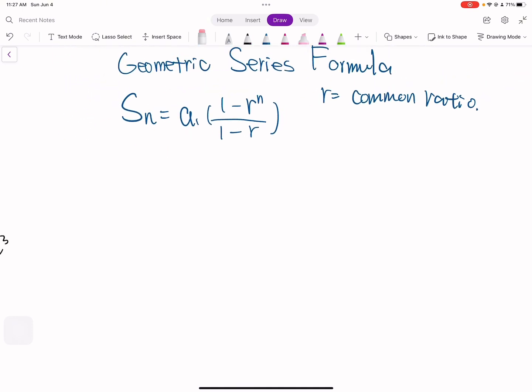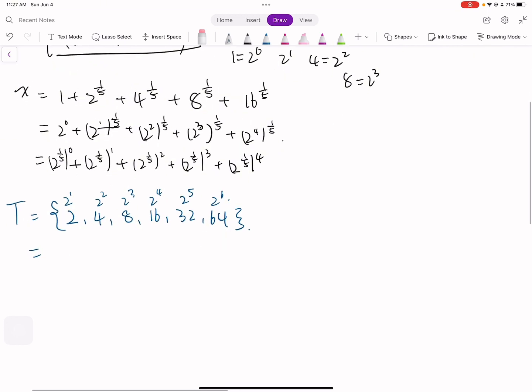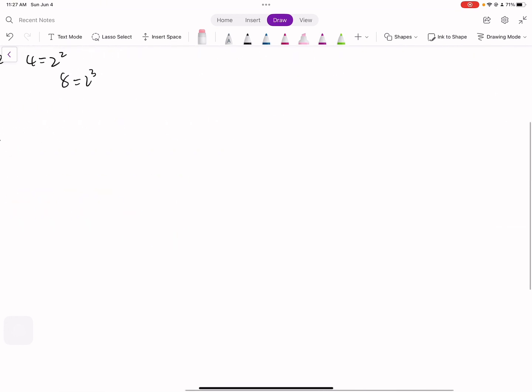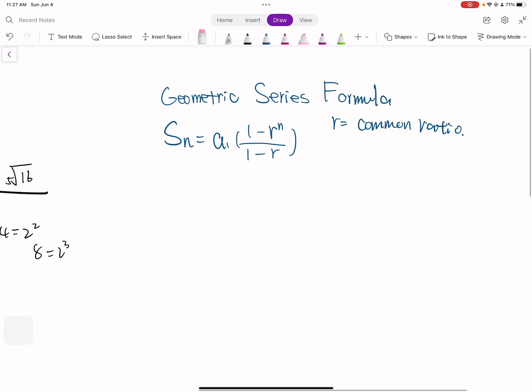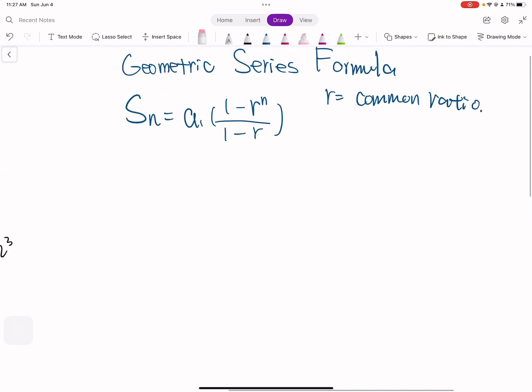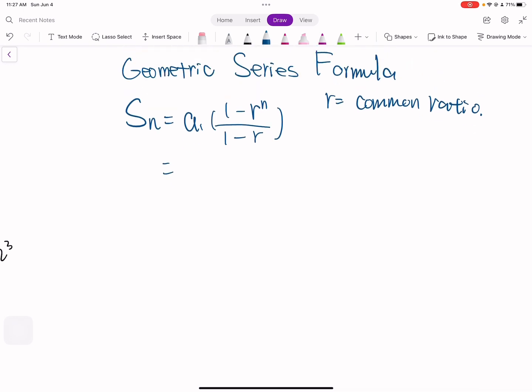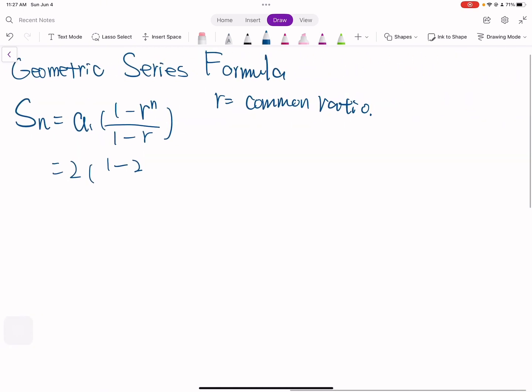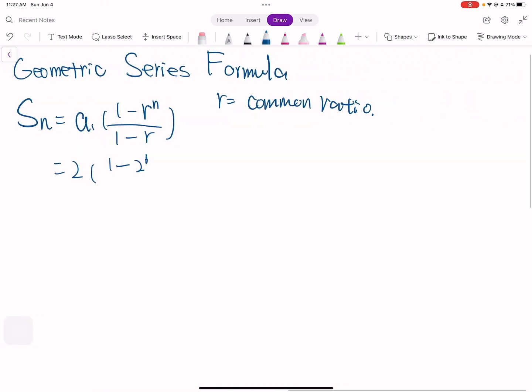So for example, let's just use the previous example. If we want to find the sum of each term in this sequence, then we can just use this formula like this. A1 is the first term, so the first term I have is 2. Then 1 minus r, where r is the common ratio, which is 2 in this case, and n: we have 6 terms, so 2 to the power of 6. And then over 1 minus r.